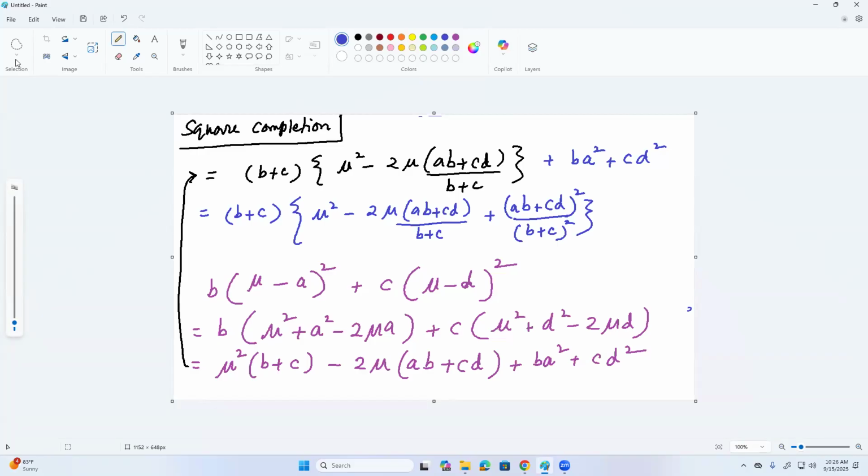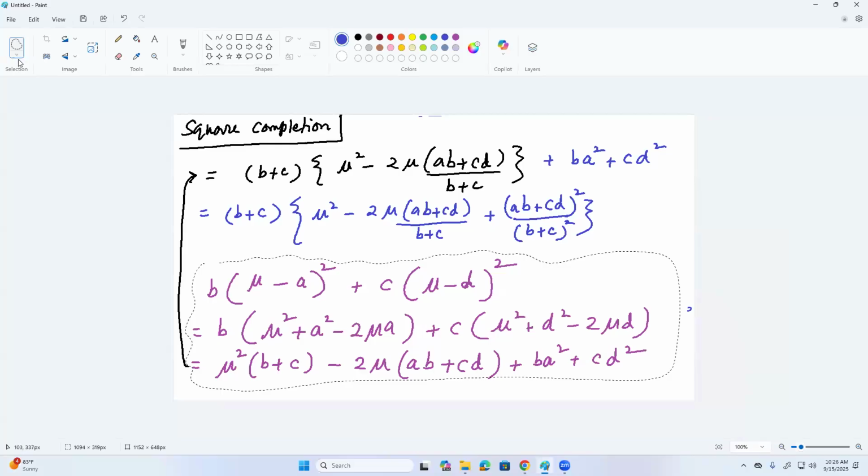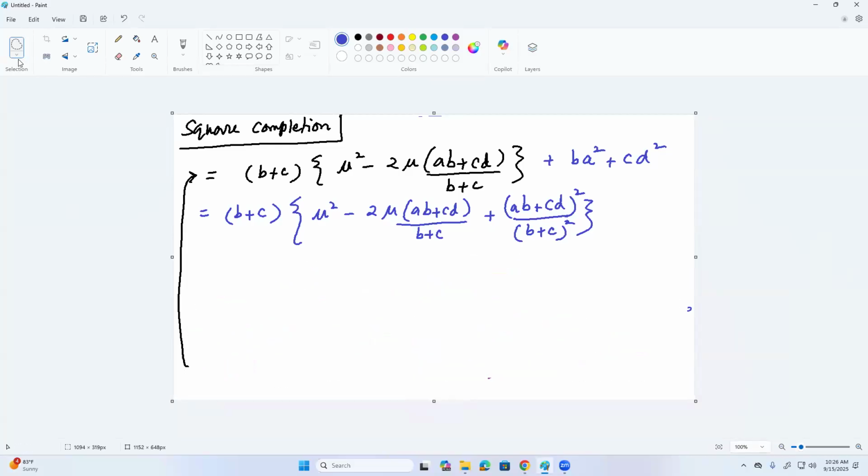May I delete the lower part? This technique will be very useful for a lot of calculations, not only for this normal distribution example, but in future, you'll encounter other problems with a normal looking expression, and then you can apply this technique there to simplify your posterior density function.